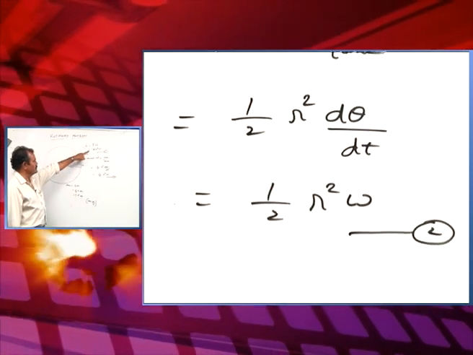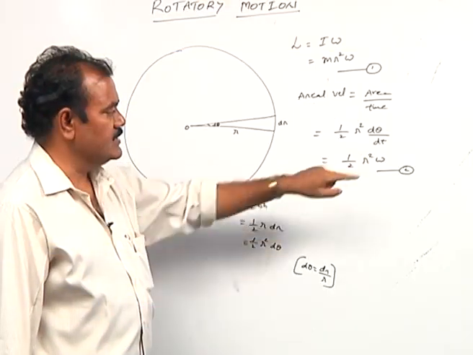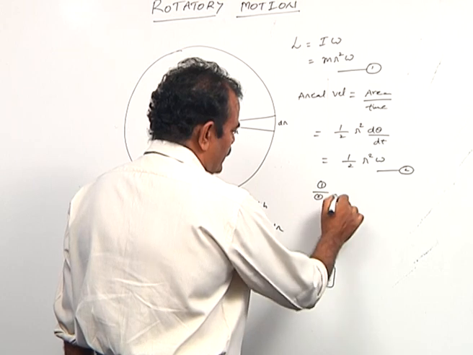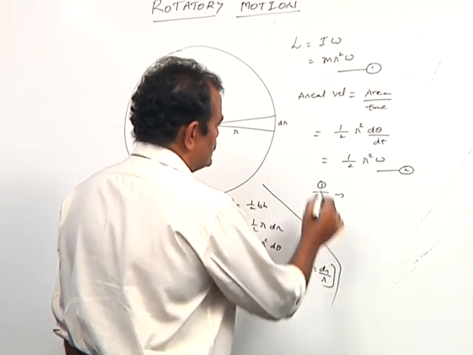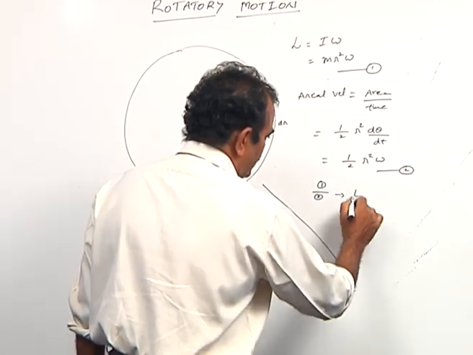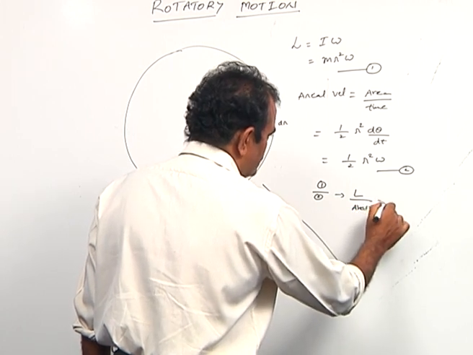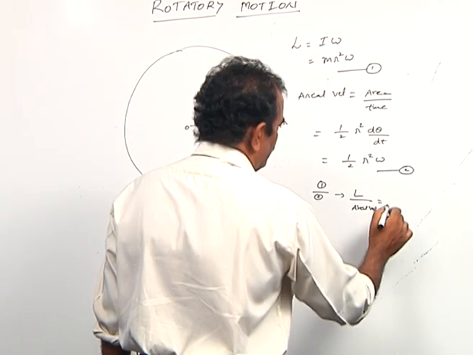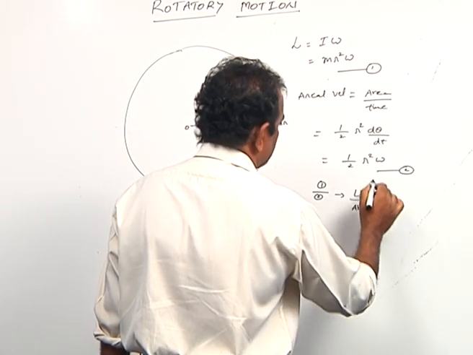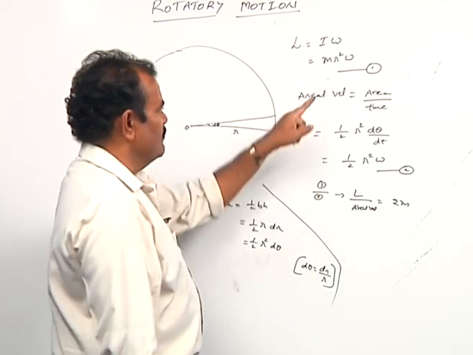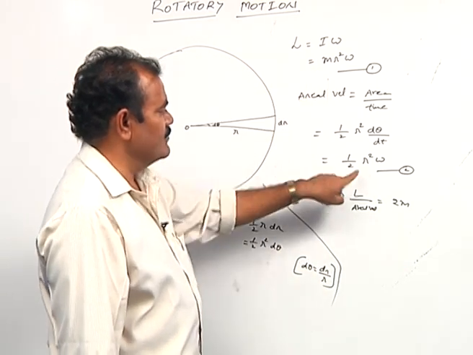So angular momentum is this much and areal velocity is here. Now we are taking the ratio, L by areal velocity, is equal to m r square omega divided by r square omega by 2.